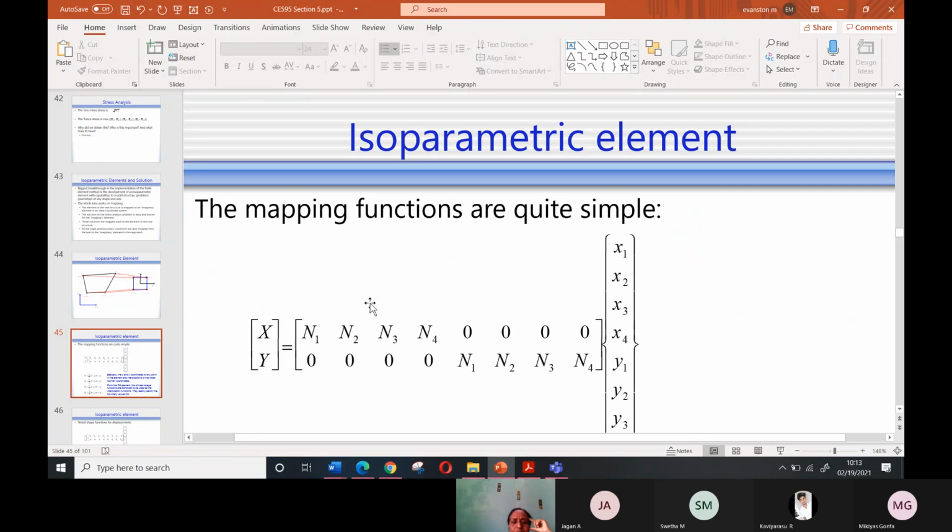So the mapping functions, you can write: the capital X and Y can be mapped with the small xy system using the shape function. We have studied this already.